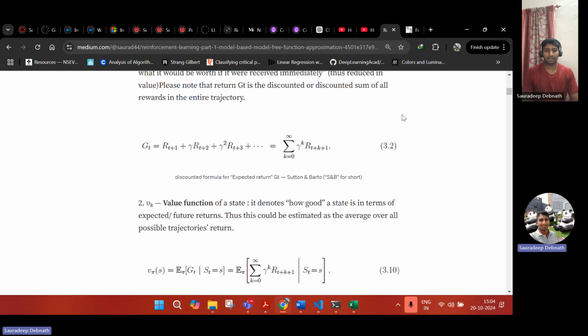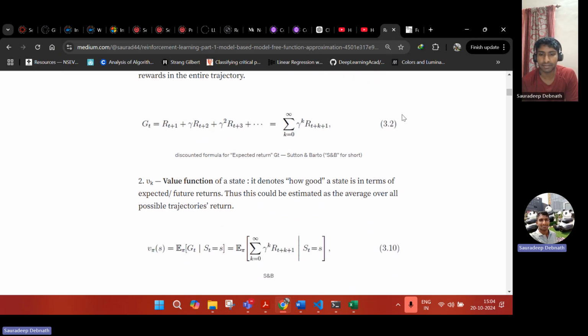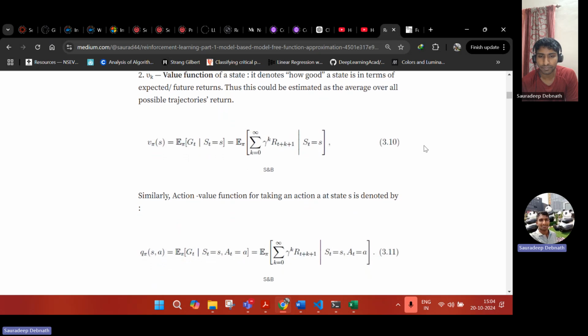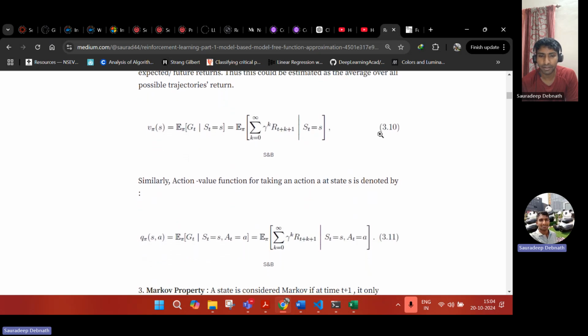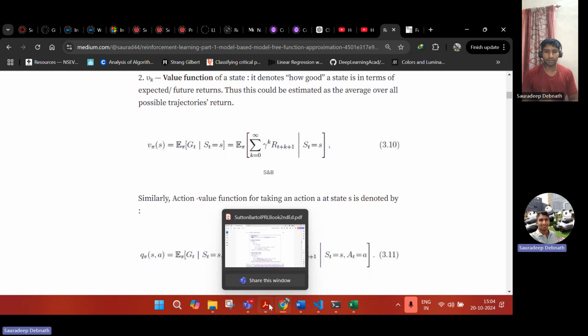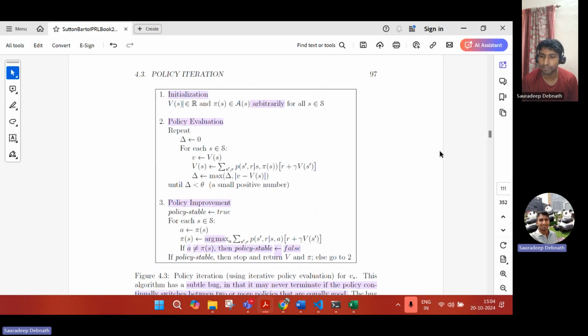Now, that being the return, that is the sum of rewards, now we need to figure out how good a state is, right, before we can formulate a policy. Why is that? Because there are again two ways to look at reinforcement learning. One is value based, and another is policy based.